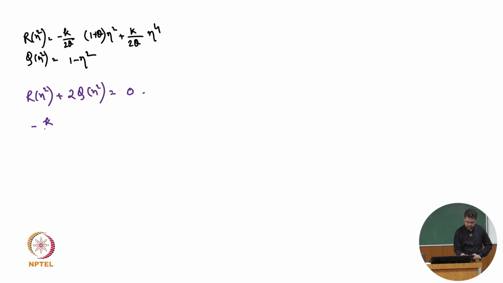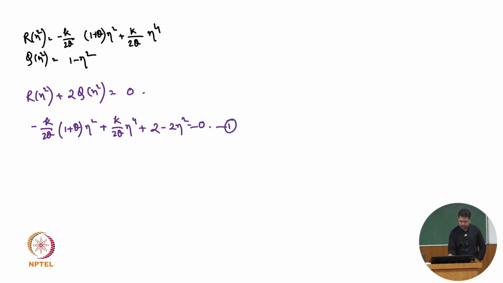So I will get kappa by 2 theta into 1 plus theta eta square plus kappa by 2 theta eta to the power 4 plus 2 minus 2 eta square, that is equal to 0. So that is equation number 1.